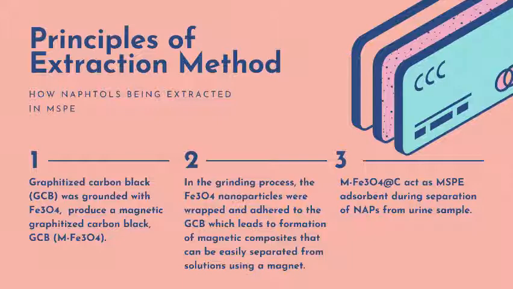During the grinding process, the iron oxide nanoparticles were physically wrapped and added to the graphitized carbon black, which then leads to formation of magnetic composites that can be easily separated from solutions using a magnet. The magnetic graphitized carbon black acts as the MSPE adsorbent during separation and enrichment of naphthols from urine sample.